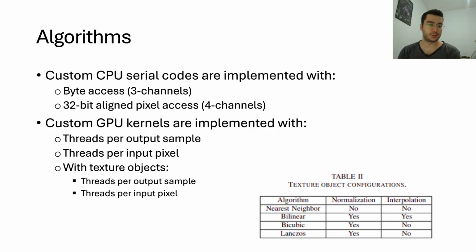And for GPU kernels, I implemented several approaches. So first I launched threads per output sample, and I wrote the kernels for that, which was simpler to write because all the calculations are done once and I load pixels as needed, but this results in redundant memory access because since we are sampling usually for upscaling, we are sampling more in between input pixels.